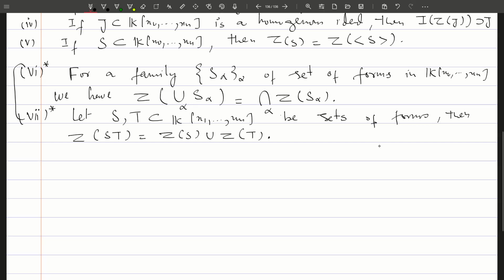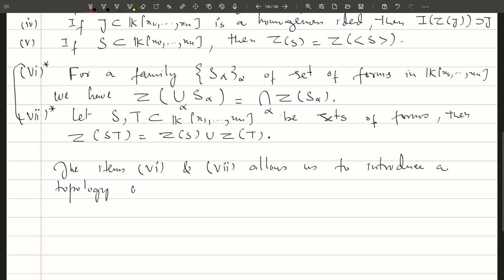So the items sixth and seventh allow us to introduce a topology on Pn for which the closed sets are projective algebraic sets.